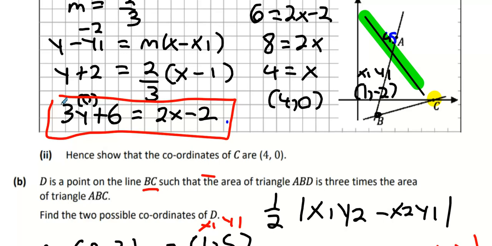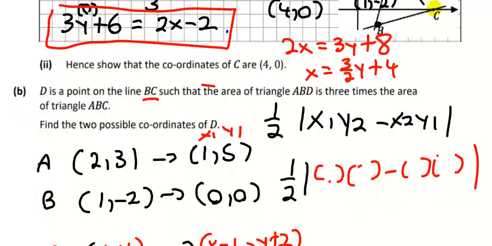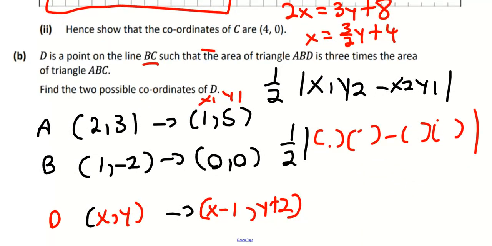Okay. Get one of the letters on its own. So I'd be inclined to get X on its own. So I'm going to say that 2X equals 3Y plus 8. Then divided by 2. What do we get? 3 over 2, Y plus 4. Is that okay? Now, that's X. But what we're actually looking for is X minus 1.